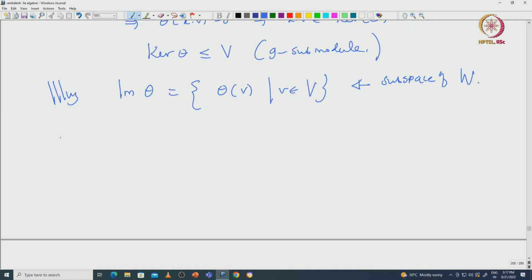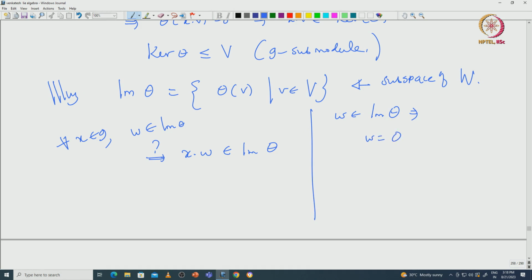So, now if you start with x in G and then some W in image of theta, we want to prove that x dot W is in image of theta. But W is in image of theta, so that implies W will be theta of some V for some V in capital V.